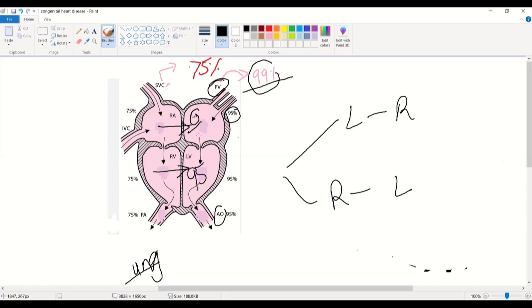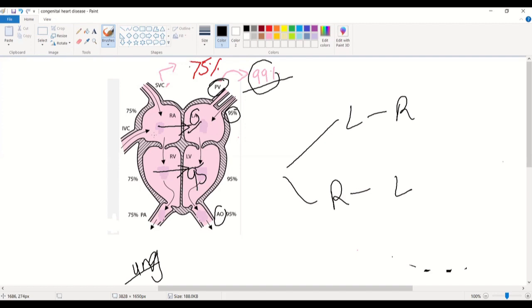Is there a drop in oxygen saturation on the left side as well? Right-sided chambers contain deoxygenated blood, and the left side contains oxygenated blood.